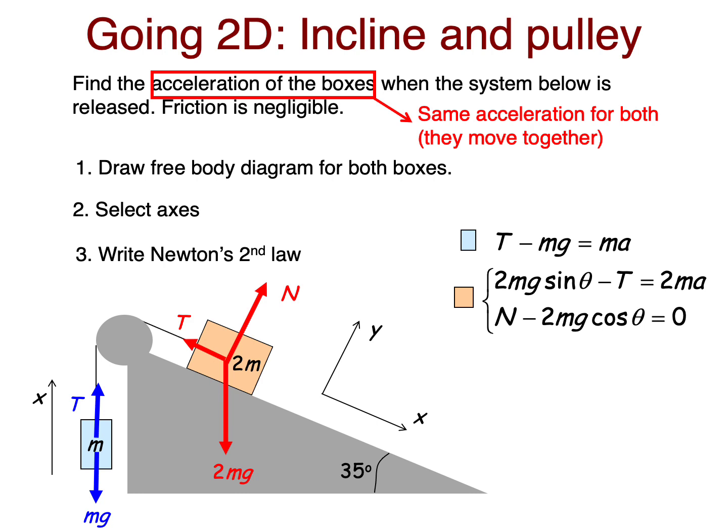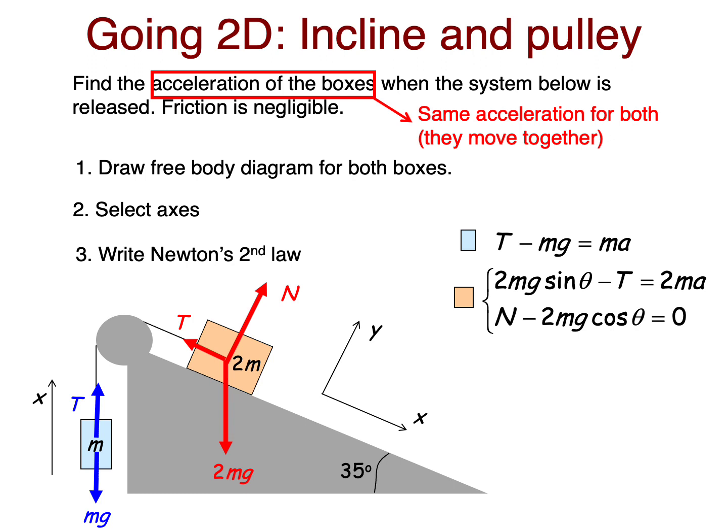In the x direction, we have that 2mg sine theta, which is the component of the weight that is parallel, that is in the x direction, pointing down the wedge, minus the tension, which is in the negative x direction, equals 2m, the mass of the block, times its acceleration, a.